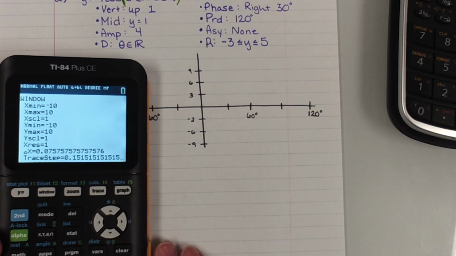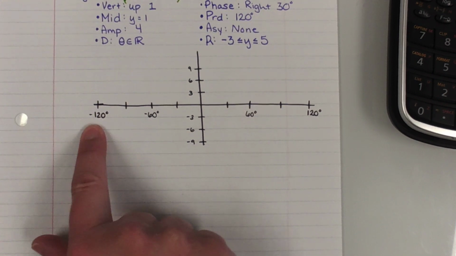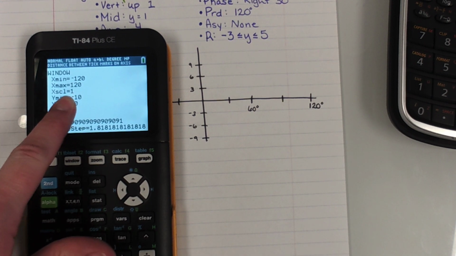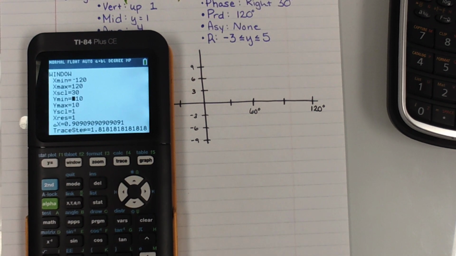X minimum. On the x-axis, how small should I go? Negative 120, type. X maximum, 120. X scale. Scale is how much you're counting by. 30. We are counting by 30s.